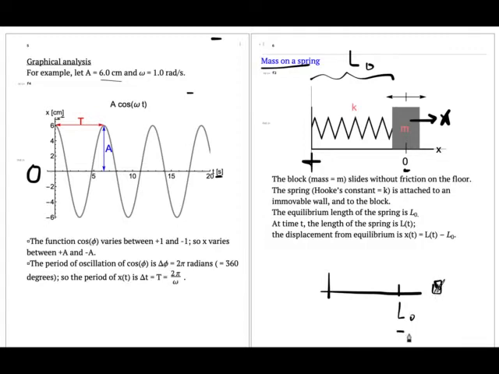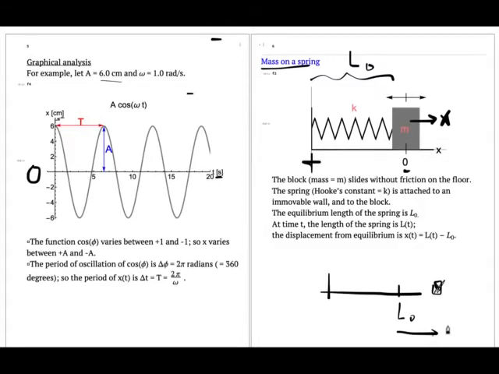Let me make a displacement x, maybe 5 centimeters. So this might be 50 centimeters, and this might be an extra 5 centimeters. So x would be 5. The length of the spring would be 55, L0 plus x. So the displacement is the length of the spring minus the equilibrium length.